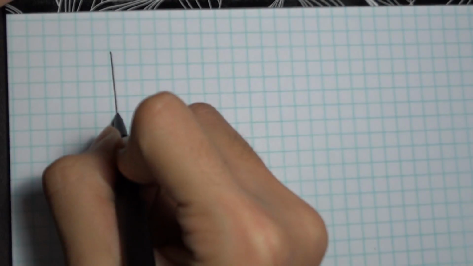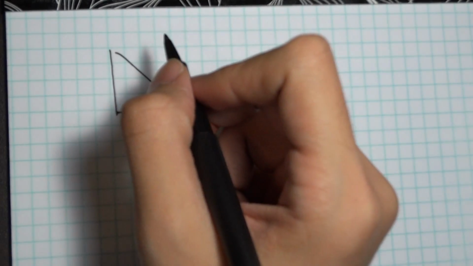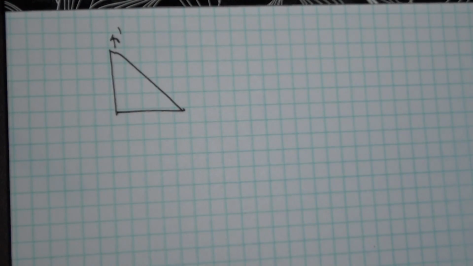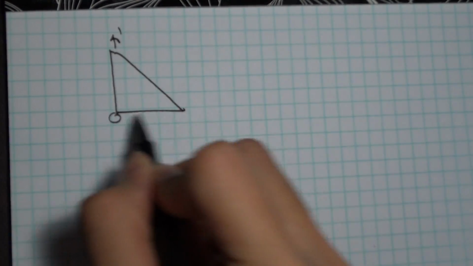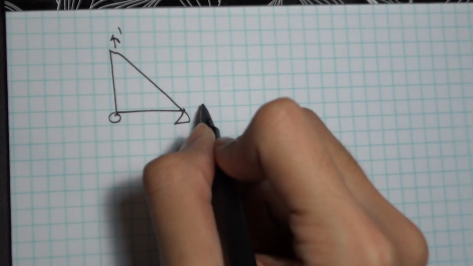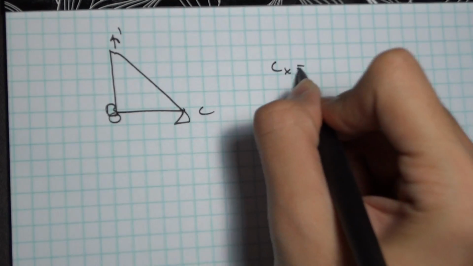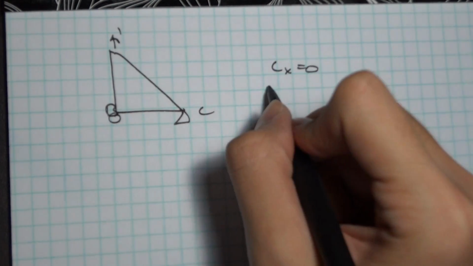Now, next system, let's look at FQAY. I'm going to apply a unit load going upwards. And do you see right away what my zero force members are going to be? Okay, so let's find the reactions first. Sum of forces in the x direction. This is B and C. Cx equals 0 because there's no forces in the x direction.